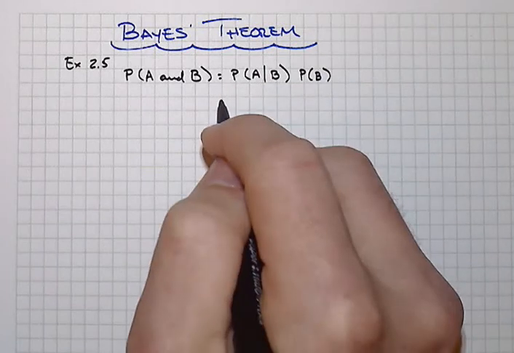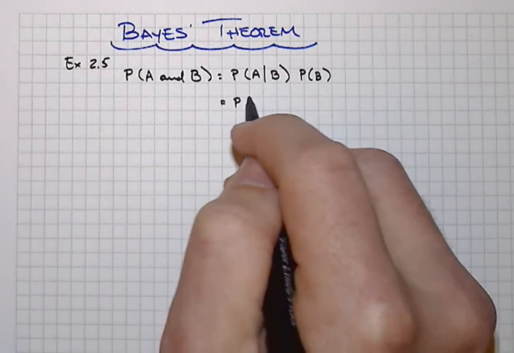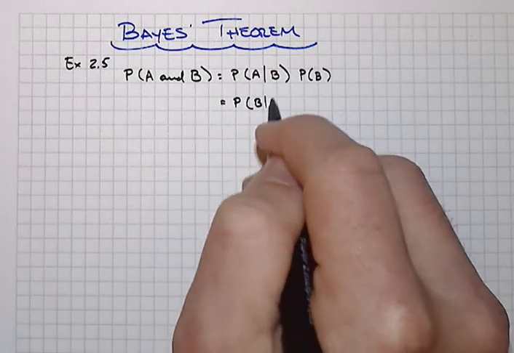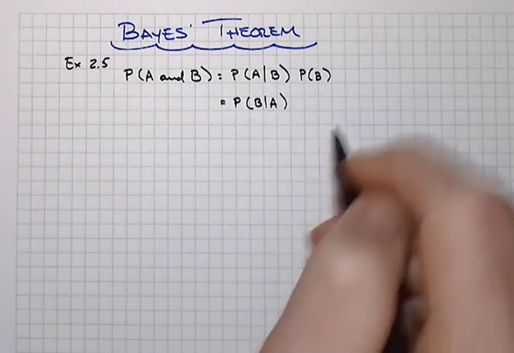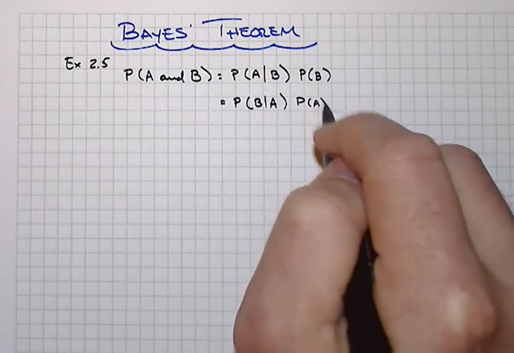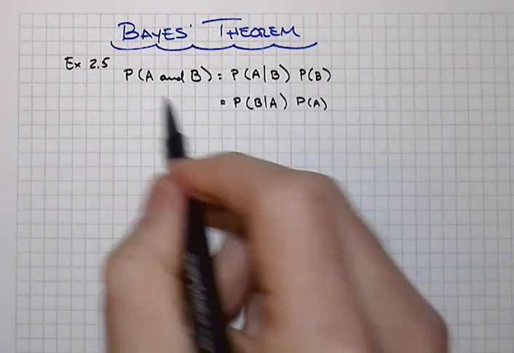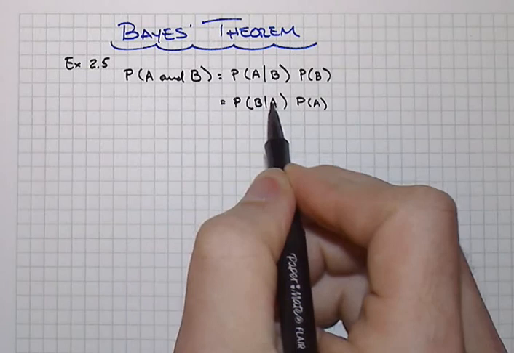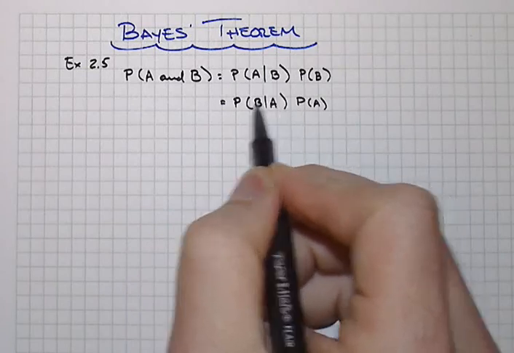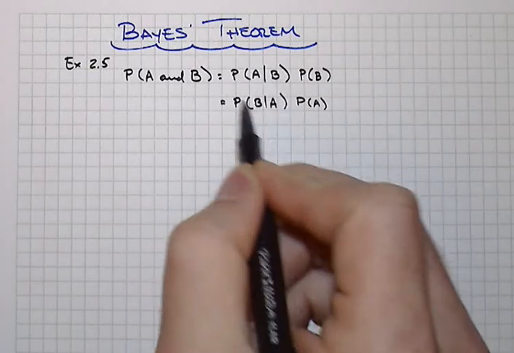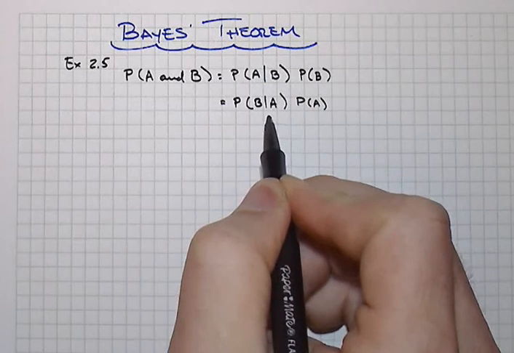Now, if we have the other information around, we have B given A information, then we could have also written this joint in this fashion. And this is how we can then work with the information to turn things around, right?